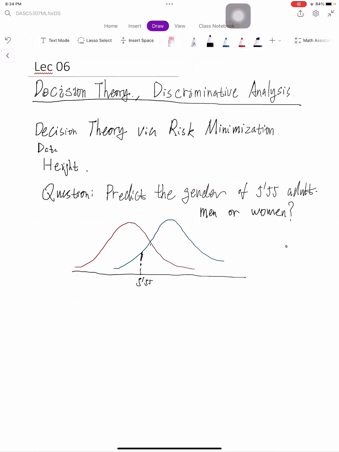Therefore, we not only need a classifier, but we also need a probabilistic classifier.